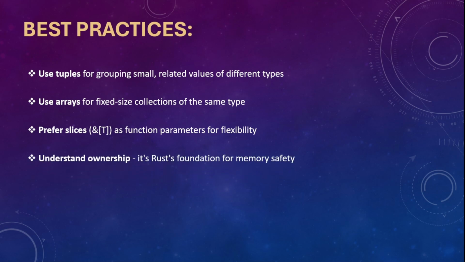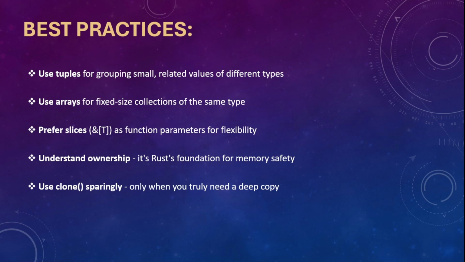Next is to understand the ownership system clearly. It is the Rust foundation, and Rust uses it for memory safety. Use deep cloning via the clone method whenever you actually need both the original and the new variables to be retained.